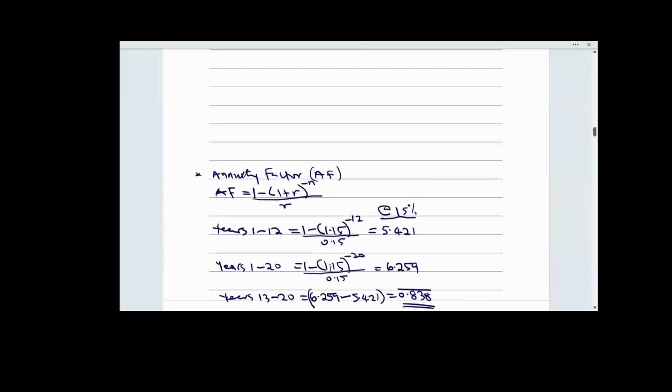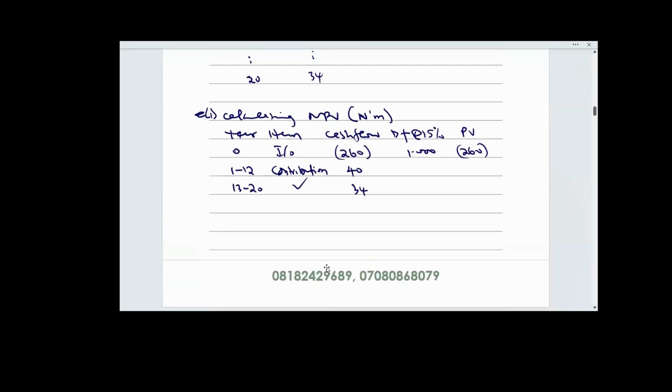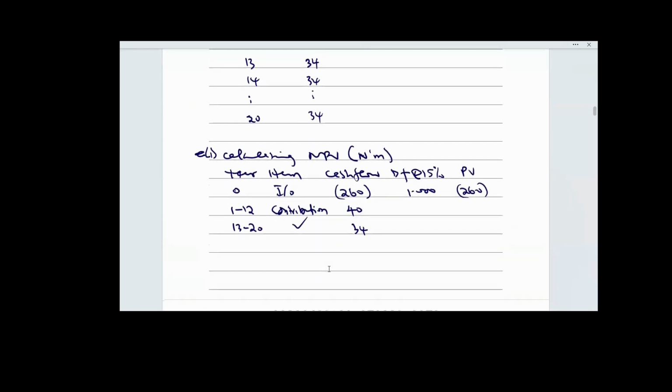With this, I can then go up there. Here is 5.421, 0.838. So multiply with 40.